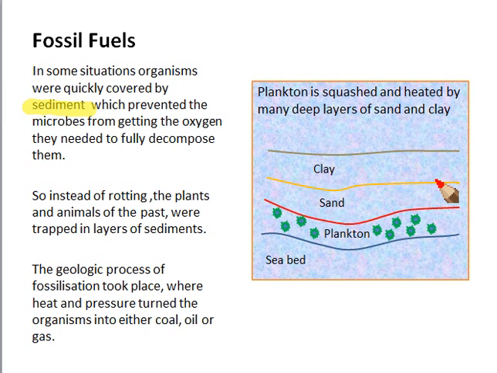And as those layers build up, our planktonic organisms change. They become fossilized and they're storing those hydrocarbons that we're digging for right now. So this is a geologic process, and it takes hundreds of millions of years to form coal, oil and gas.